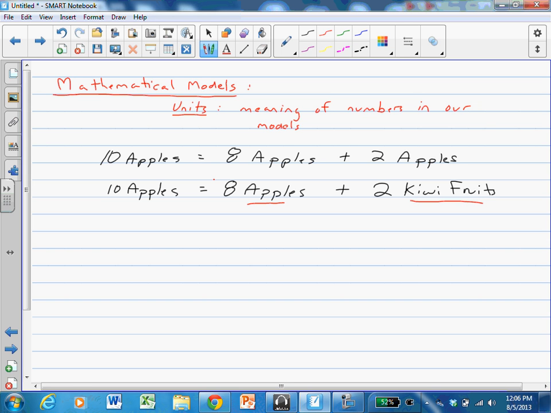So look at this example, okay? D equals 0.01 times P plus 0.05 times N plus 0.25 times Q. We're wondering what the units are for that.